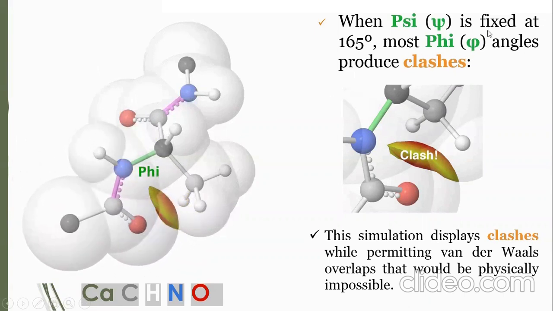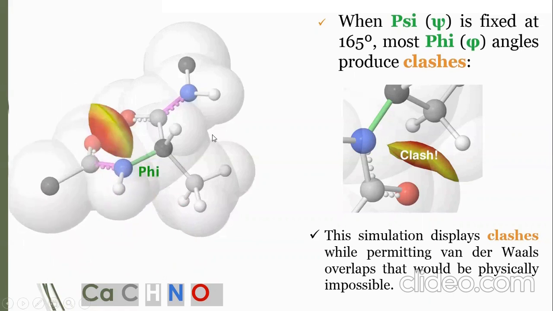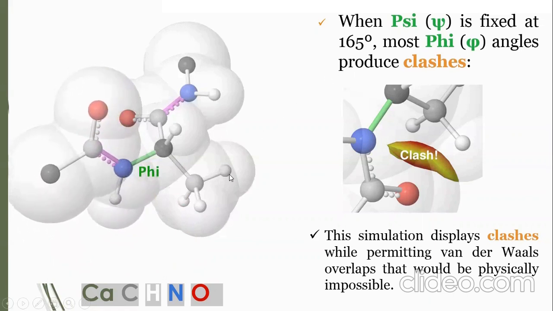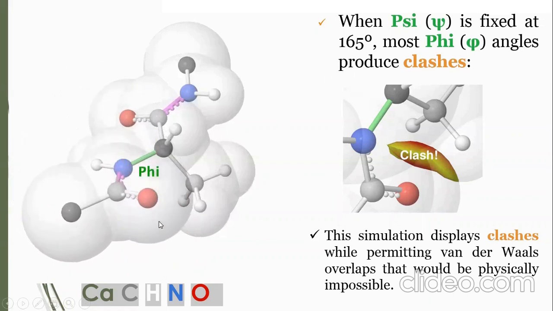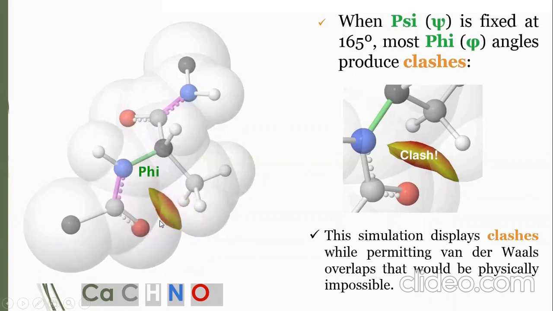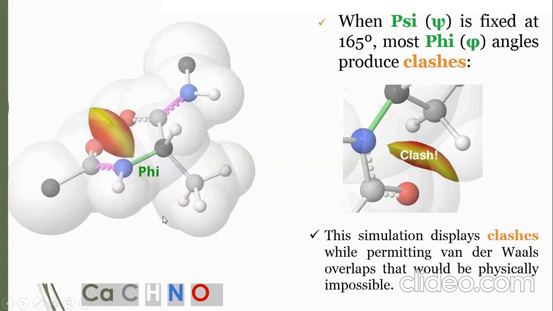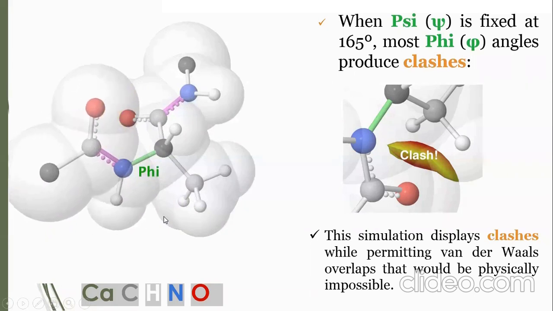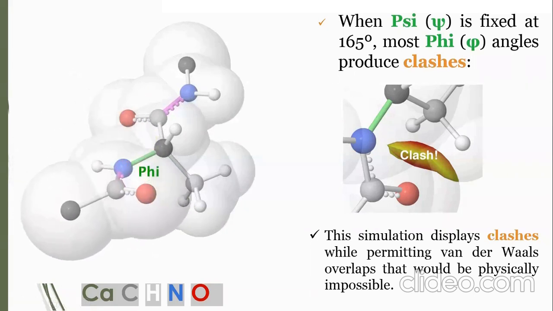So we need to fix one of the bonds, and the other will move, and we can see the clashes.